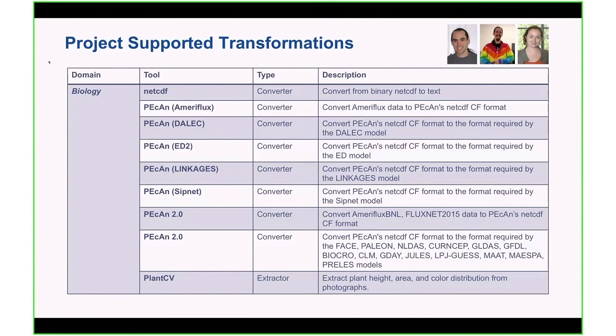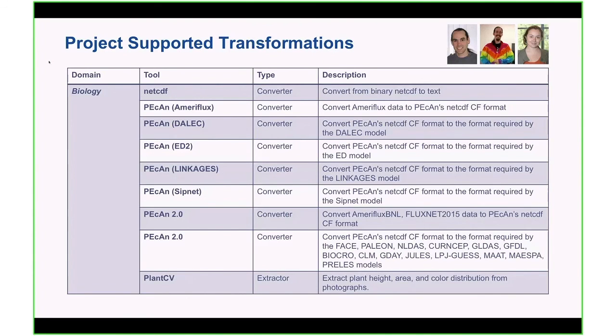So we're moving towards, for this project, our beta release early next year. And as part of that, we'll have a number of transformations we've built with our 3 use cases. On the biology side of things, a lot of them take the form of these ecological models, being able to convert the formats they need or the data sources they utilize to different formats. As well as a few others.